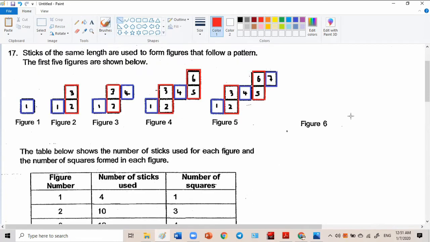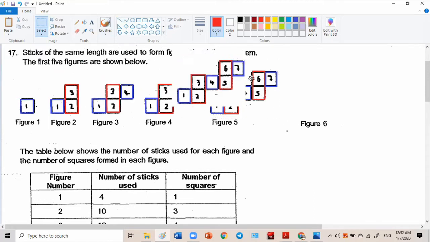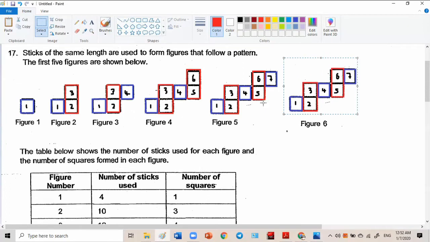Okay, for those who can't see, I'll just quickly duplicate this picture for you. So what do we expect for figure 6? Well, we expect to draw two vertical square boxes, which will look like this.